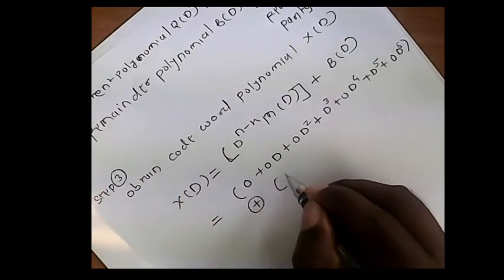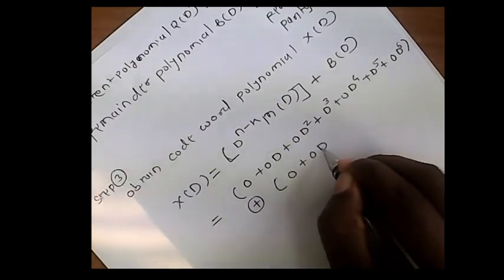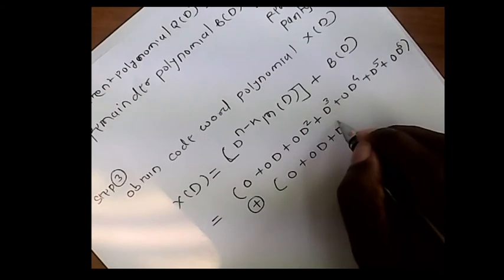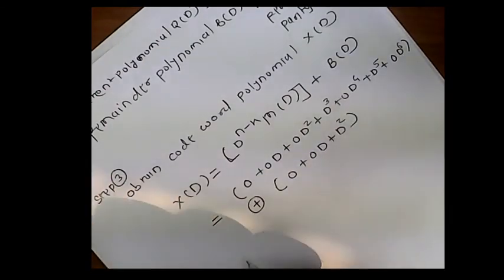Then we write down the remainder polynomial, 0 d plus d raised to power 2, and we perform the addition by arithmetic modulo 2 operation.